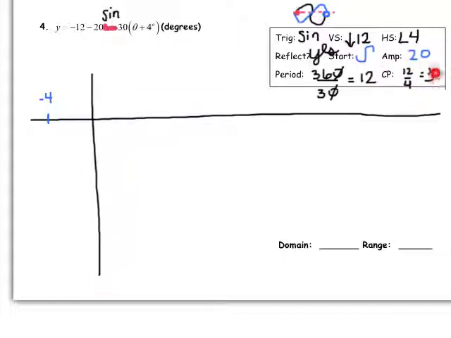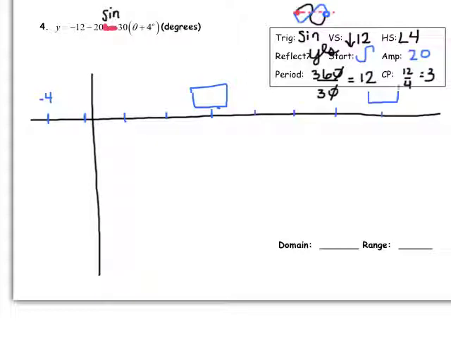Our critical points are going to be 3 apart. So when I add 3 that first time, I'm going to be at -1. Then when I add 3 the next time, I'm going to be at positive 2. So you're going to go 1, 2, 3, 4. You kind of got to be able to know where that y-axis is going to fall. Alright, this is the end of my first cycle. 1, 2, 3, 4.